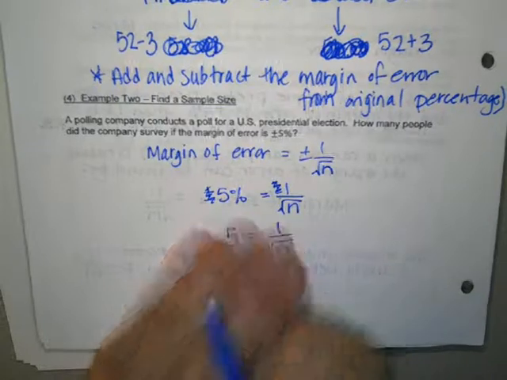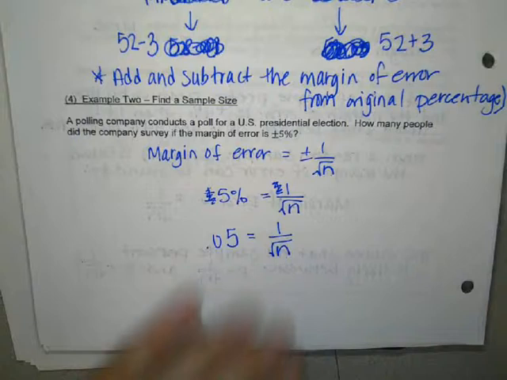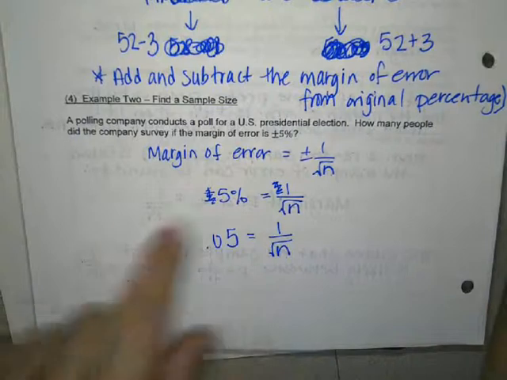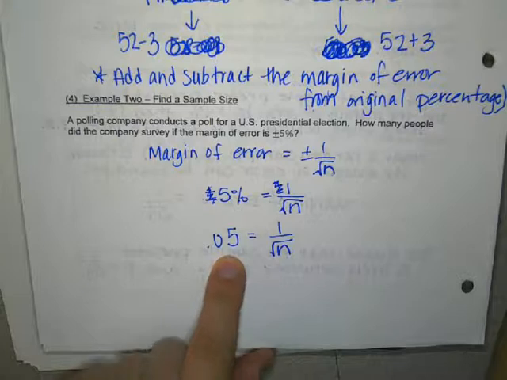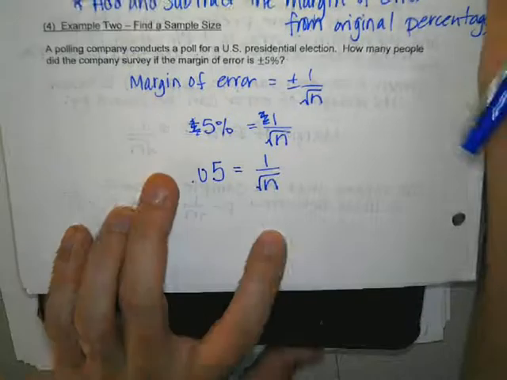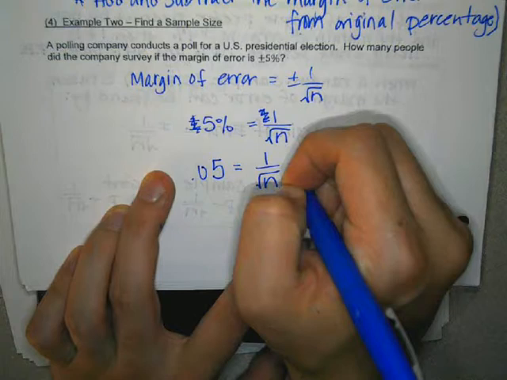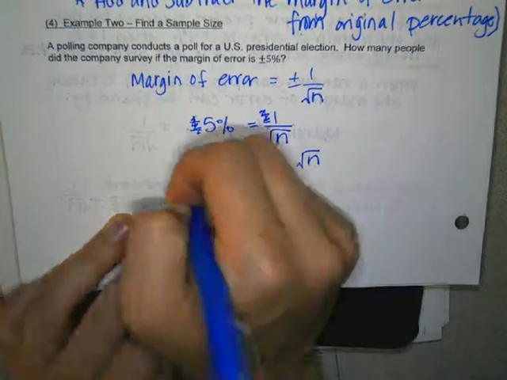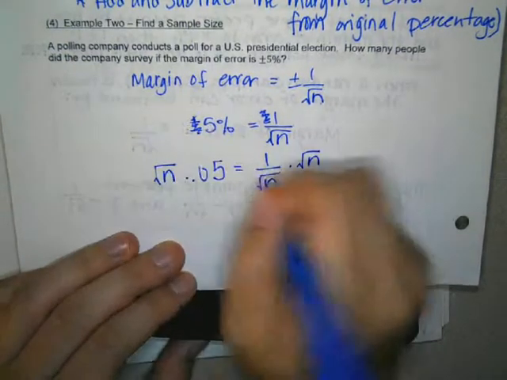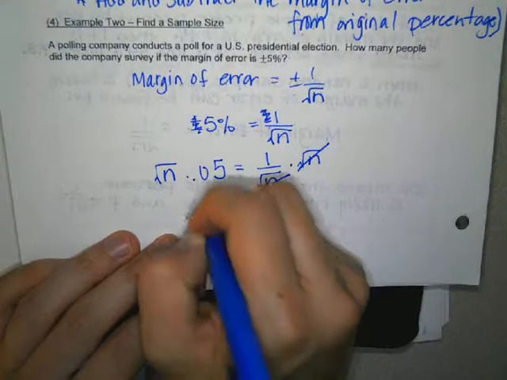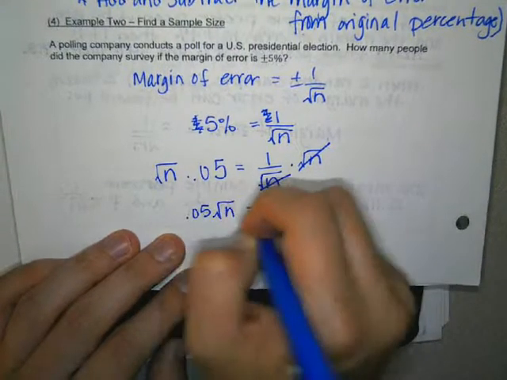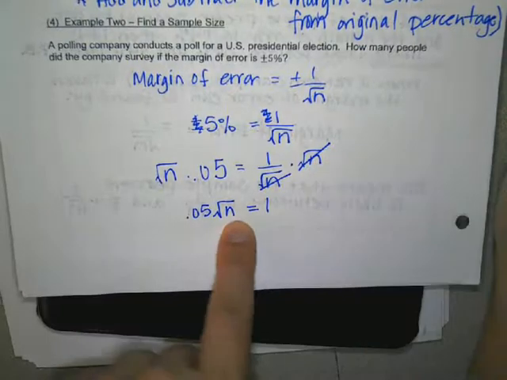Now to actually solve for n here, you do have to rewrite the percentage in terms of a decimal. And then to solve, since n is in the denominator, we're going to multiply both sides by the square root of n, because that cancels it out on the right-hand side. And then we have 0.05 square root of n equals 1. And then I'm going to get that by itself.